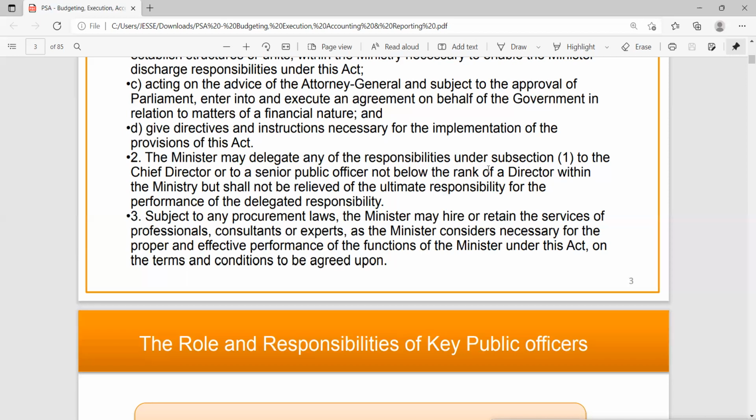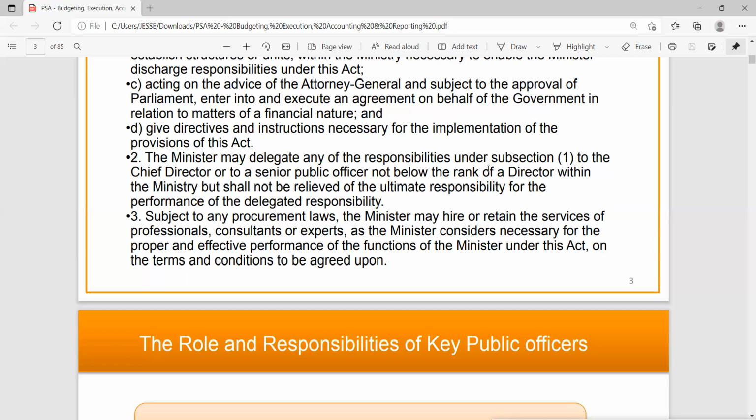Number 3, subject to any procurement laws, the minister may hire or retain the services of professional consultants or experts as the minister considers necessary, right? So the minister has the power to do that, especially when it facilitates the performance of the functions of the minister.